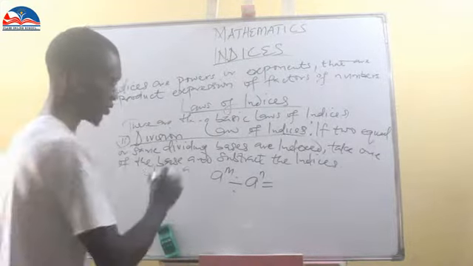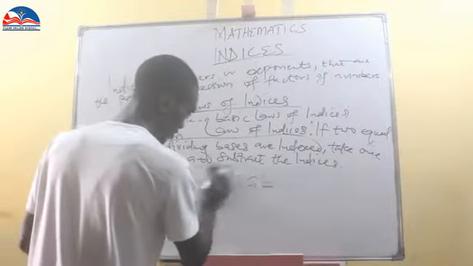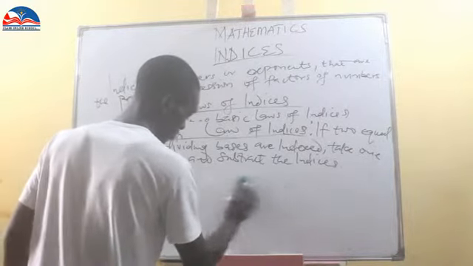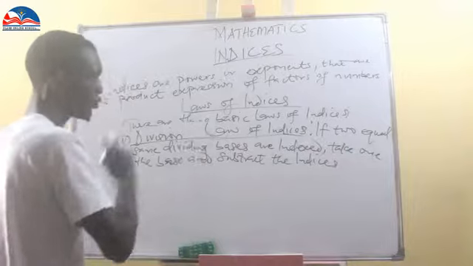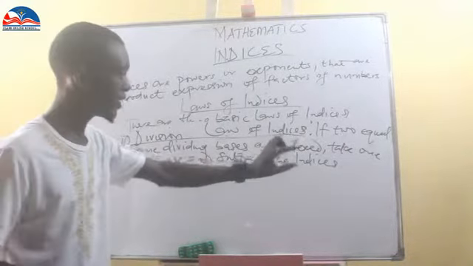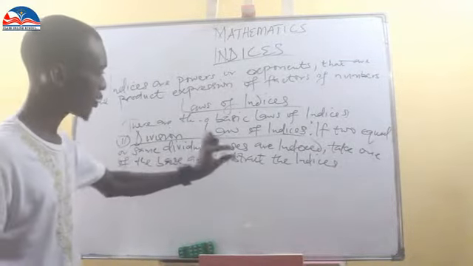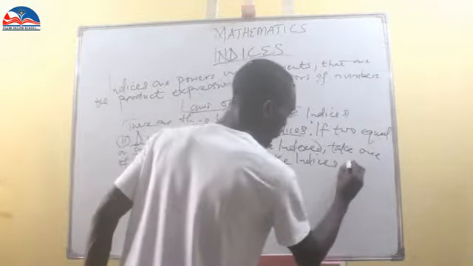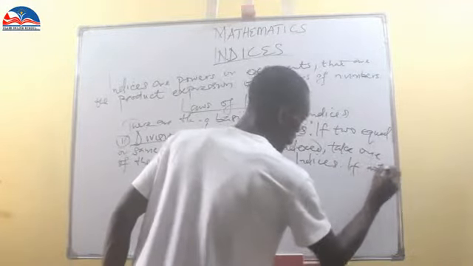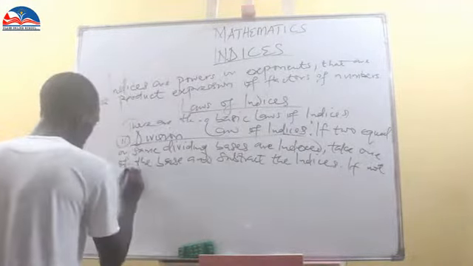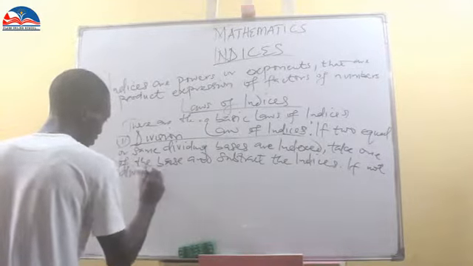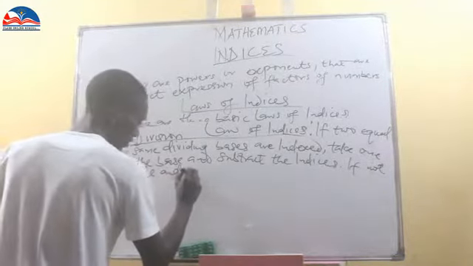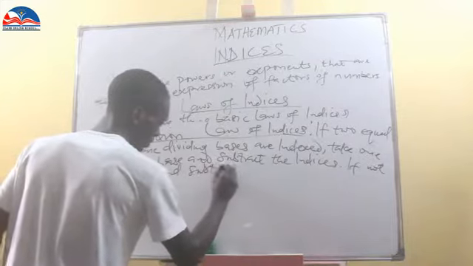Now, before I take this, let me continue with something. If two equal or same dividing bases are indexed, take one of the base and subtract the indices.